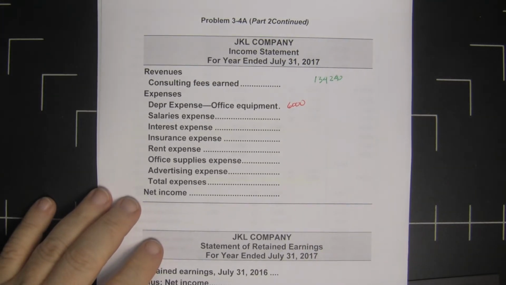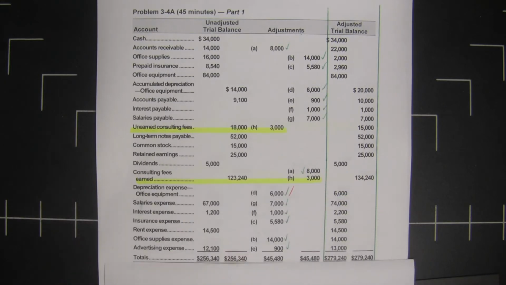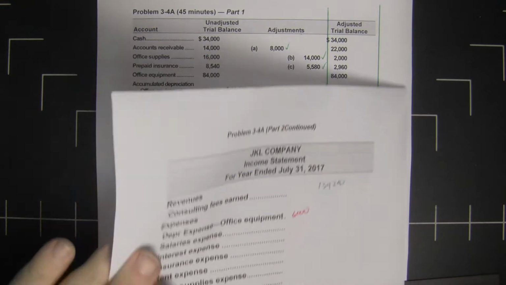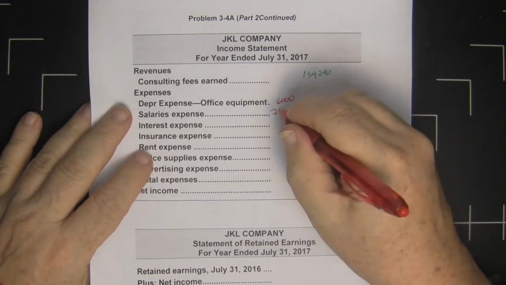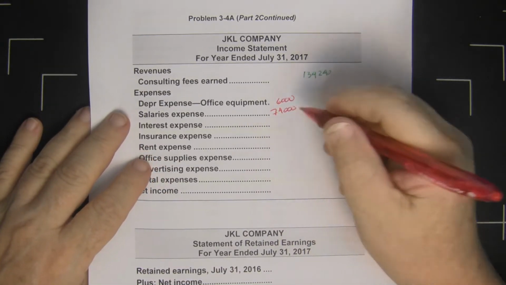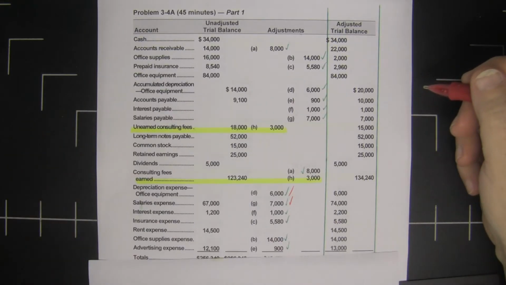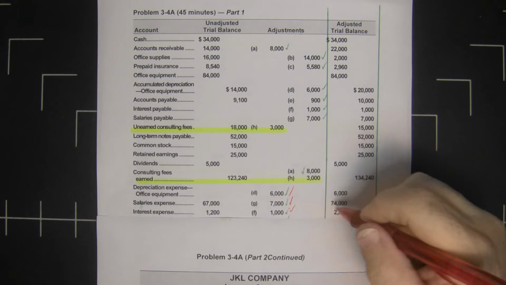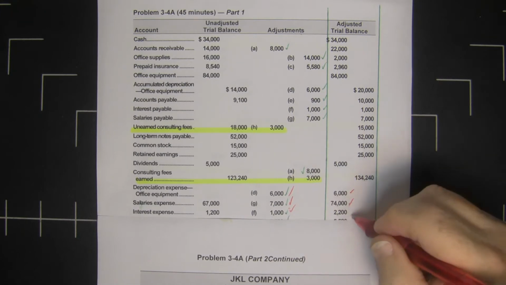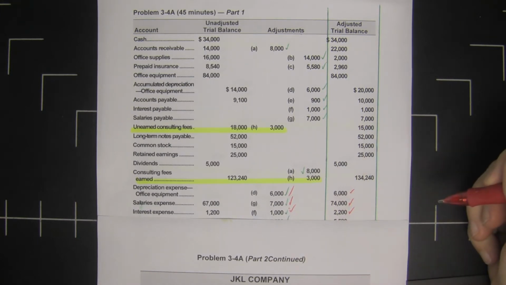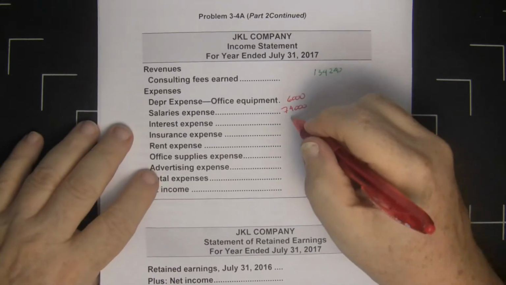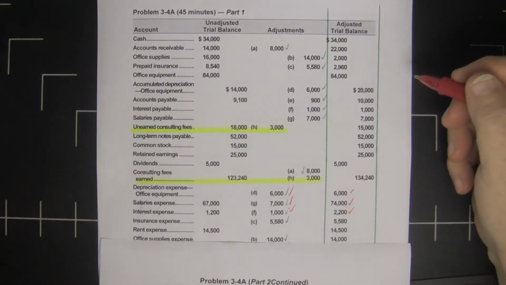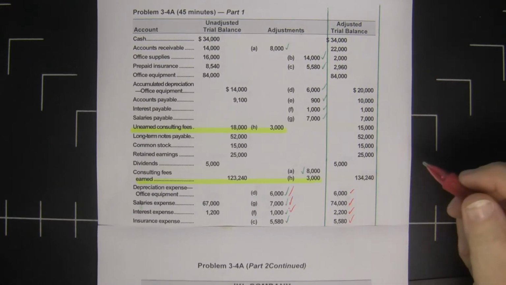I have salary expense, $74,000. I have interest expense, $2,200 over here. I should be checking them off over there, really. Insurance expense, $55.80.